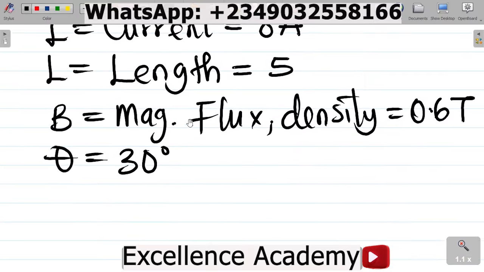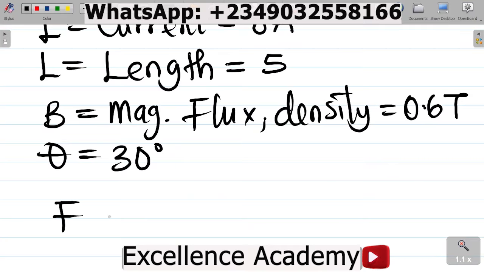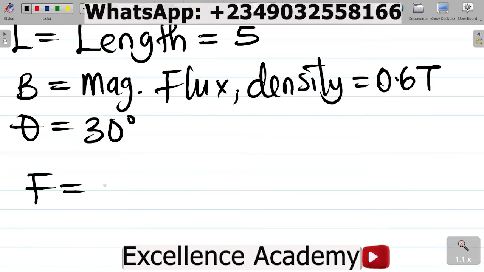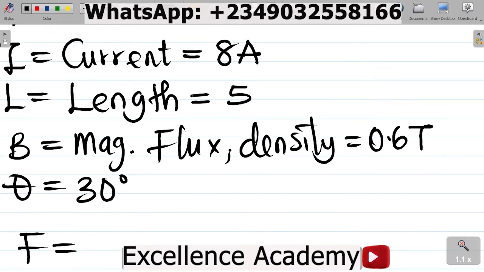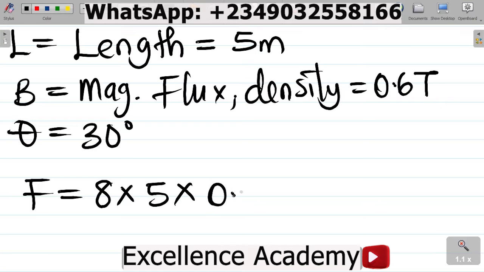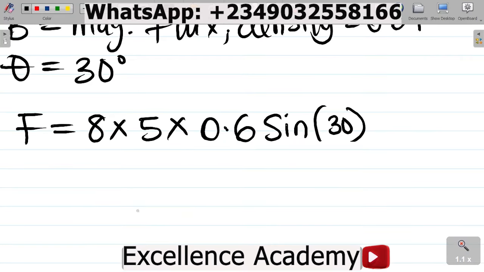Let's use the values here. The force F will be equal to I, 8, times L, 5, times 0.6, sine of the angle 30.